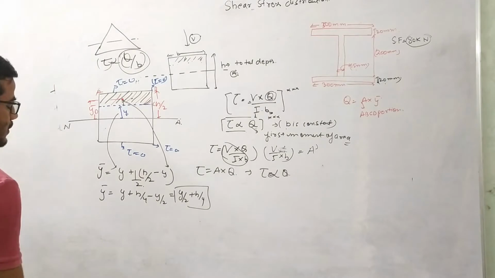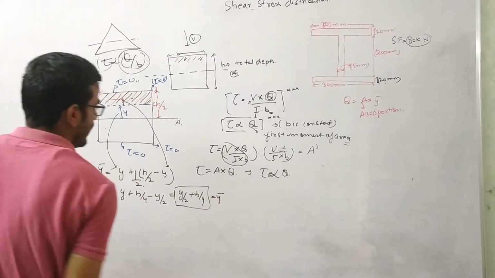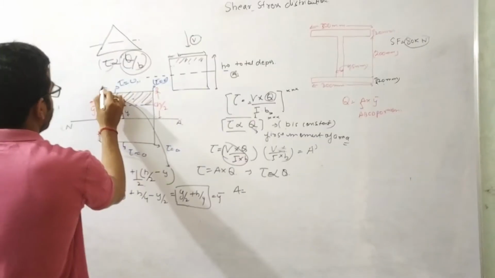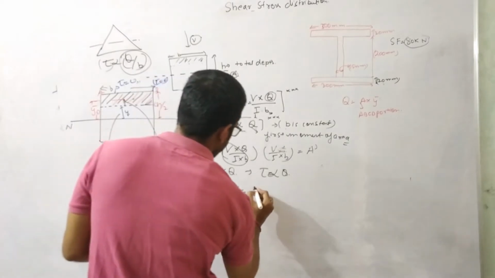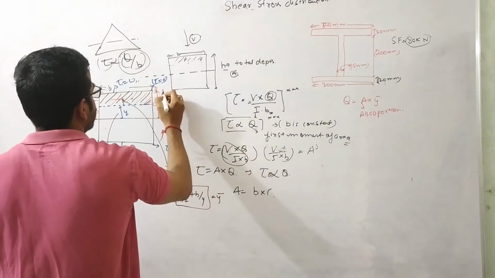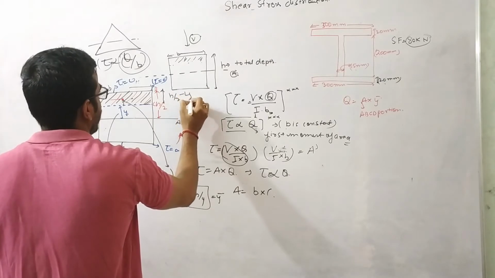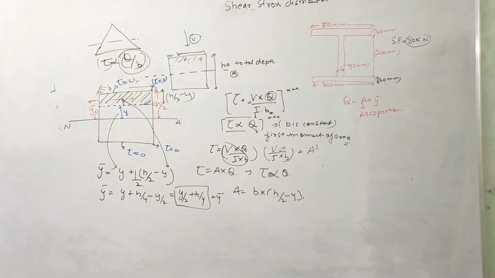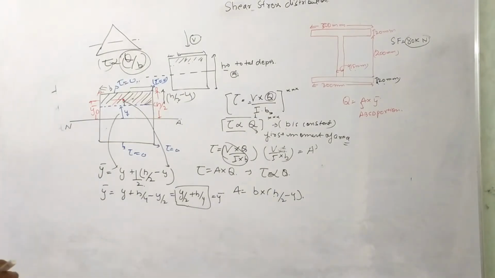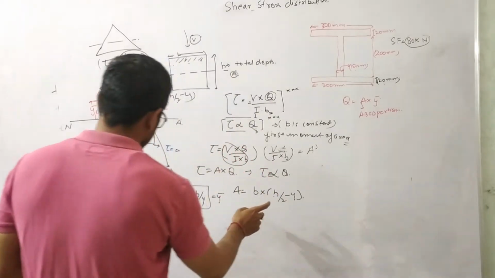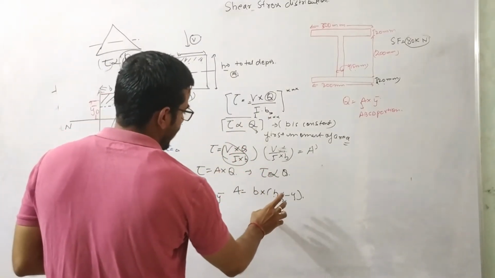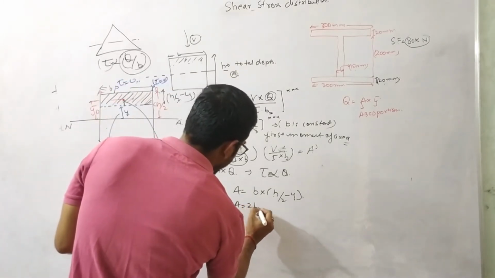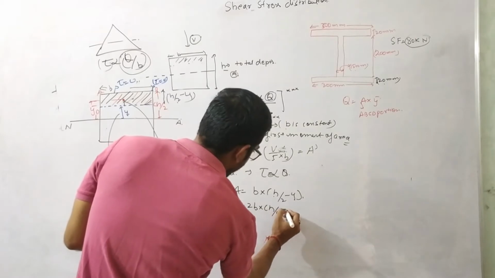So I have calculated the y bar, and what will be the area? The width is b, so b into this distance, which will be h by 2 minus y. If I take 2 common, the area equals 2b into (h by 4 minus y by 2).